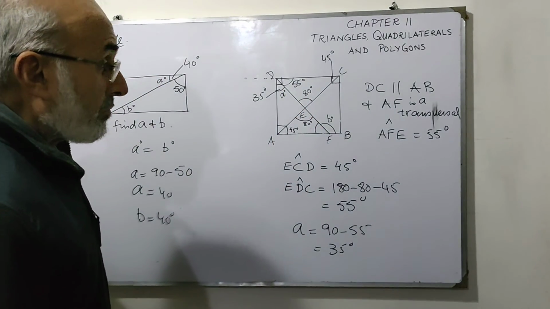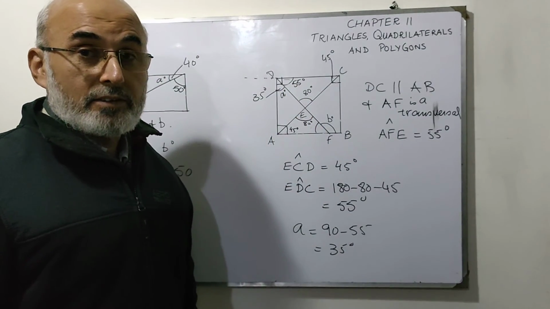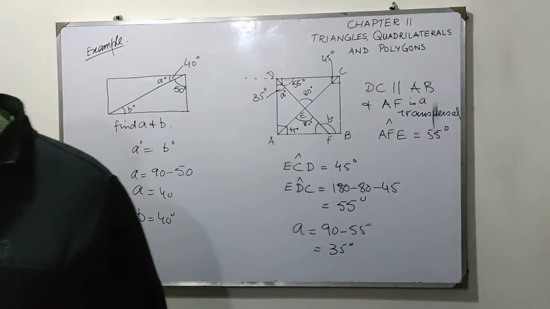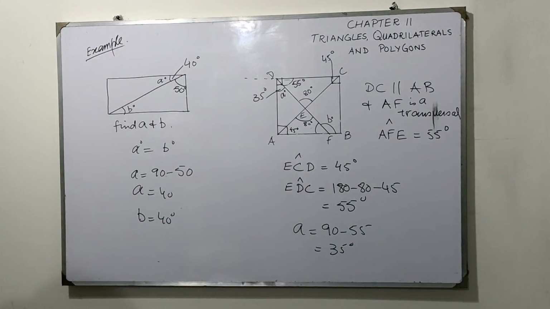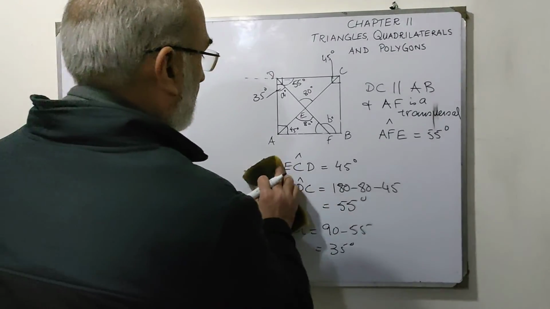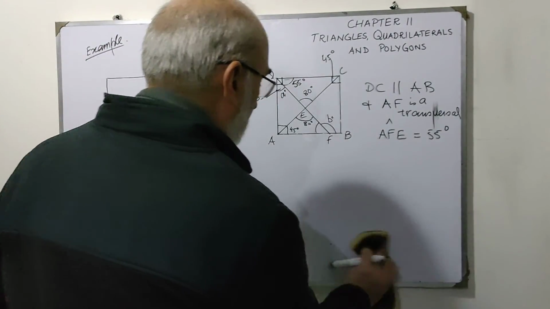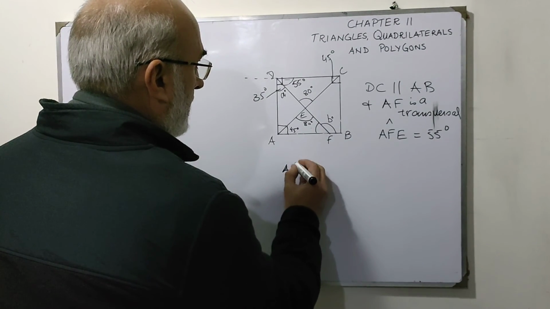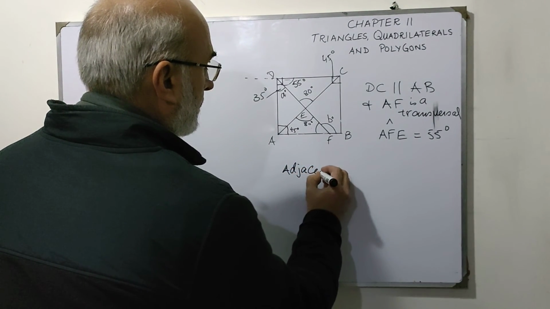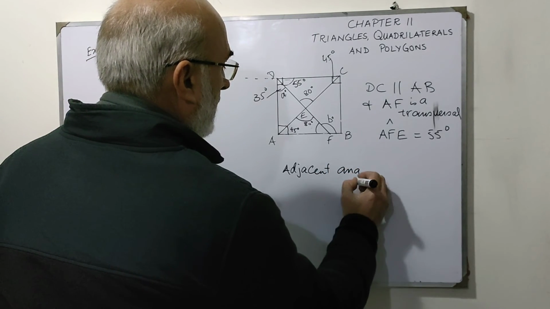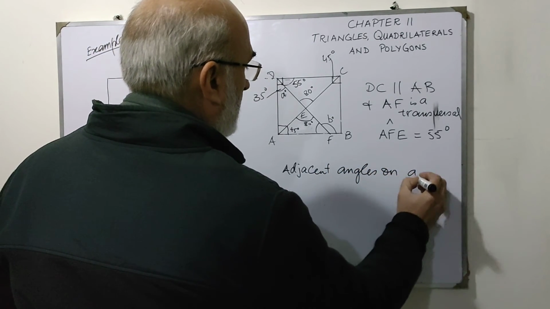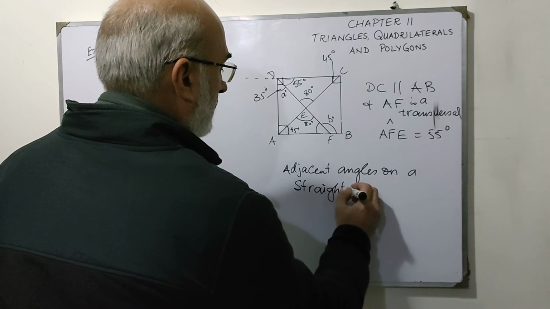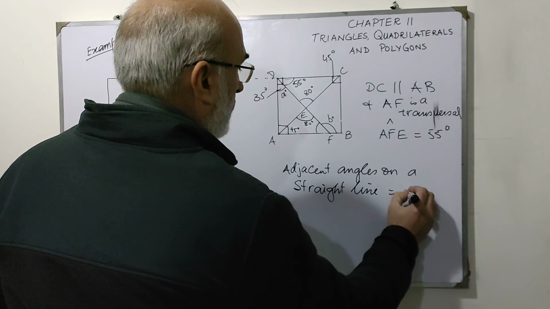Now, we know that adjacent angles on a straight line equals 180 degree, right? Adjacent angles on a straight line equals 180 degree.